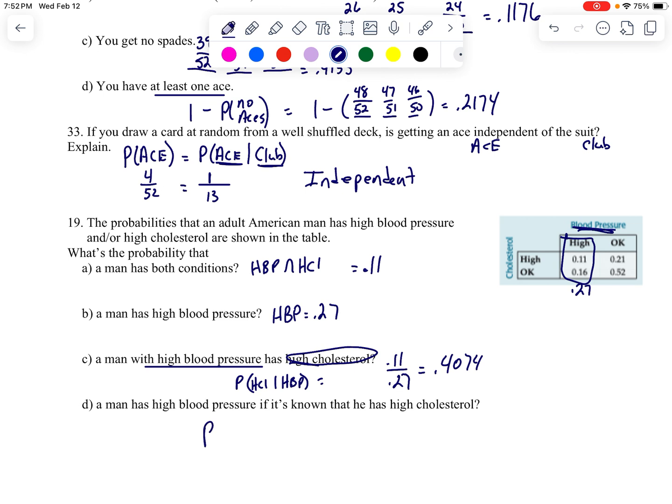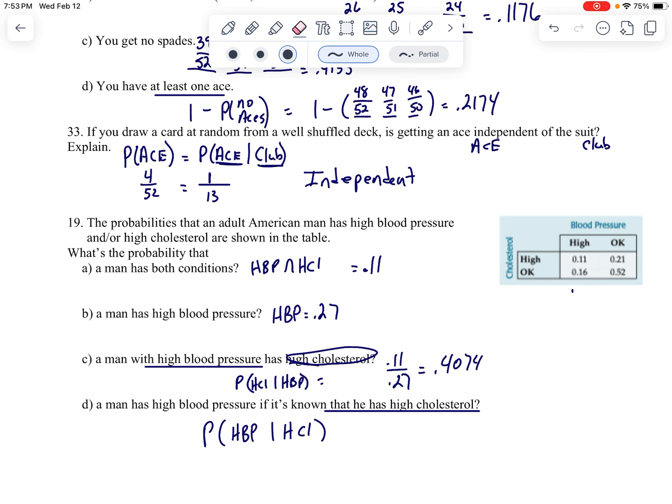And lastly, a man has high blood pressure if it's known he has high cholesterol. Again, a conditional probability. So he has high cholesterol. What is the likelihood that he has high blood pressure to go with it? Okay, if we erase things off of here to clean it up. We know the man has high cholesterol. So high cholesterol, high.